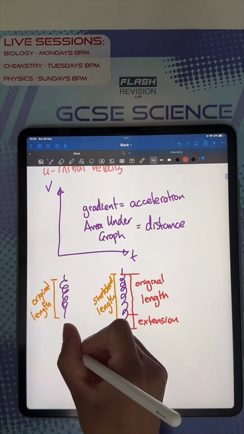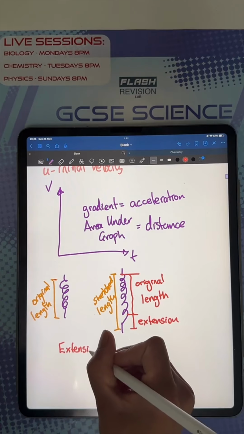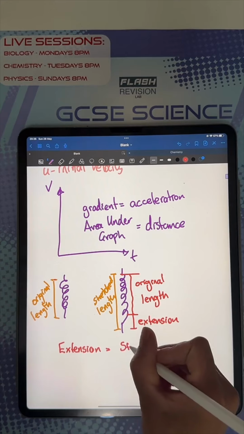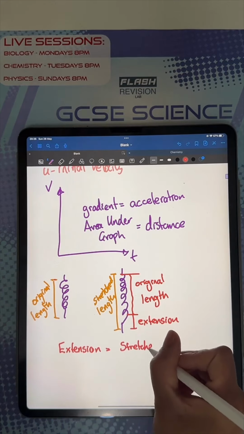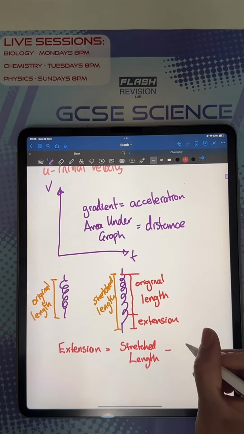Okay, so we'll write that down here. Extension is defined as stretched length minus original length.